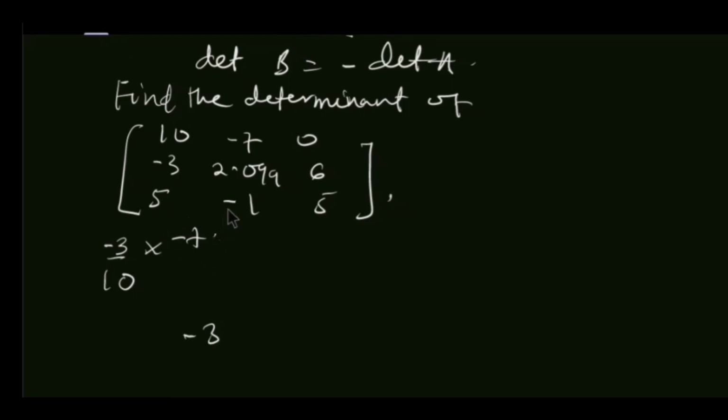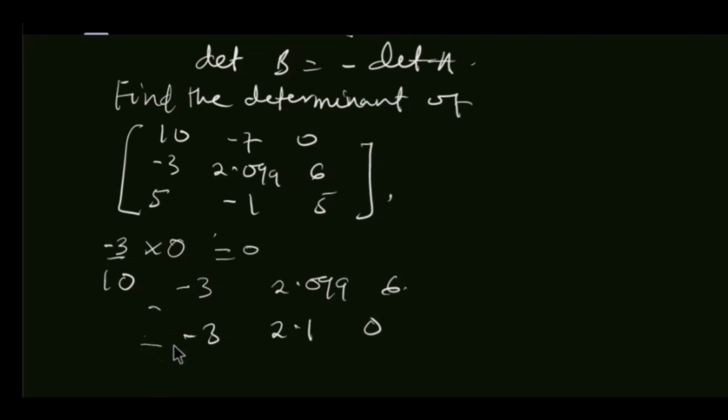So what am I getting? Negative 0.3 by negative 7, and I'm going to get 2.1. Then finally times 0, I'm going to have 0. I will subtract this from my second row entry. So I have negative 3 here, 2.099 here, and I have 6.